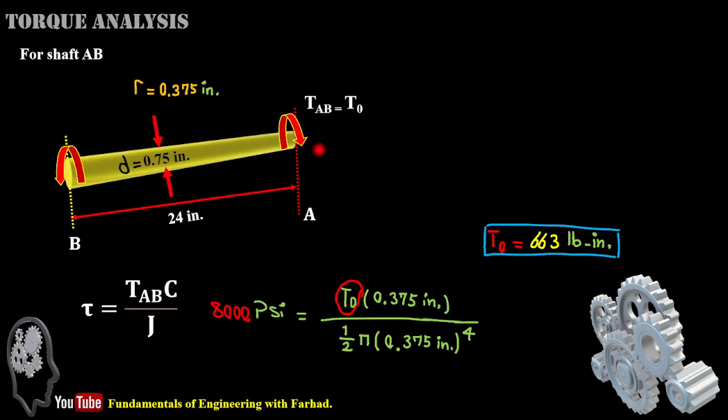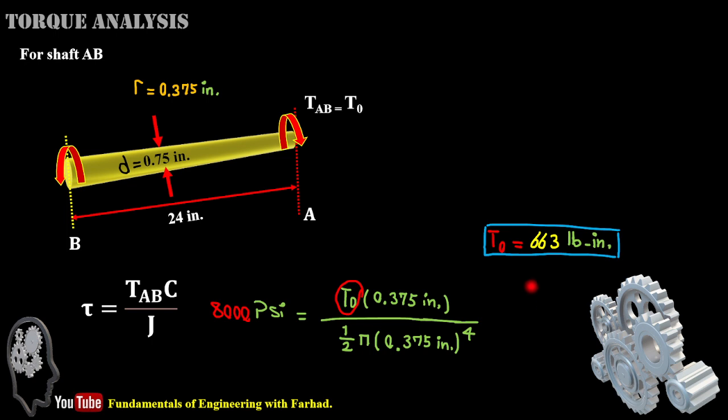So if we come to the torque analysis, for example, for shaft AB, the diameter is 0.75, so the radius is 0.375 inches, and again TAB is equal to T naught, the length is given, and tau for a solid shaft is TC over J. As soon as we have our allowable shear, which is 8,000 psi or 8 ksi in the problem statement, we replace it in the equation of tau, looking for the only unknown, T naught.